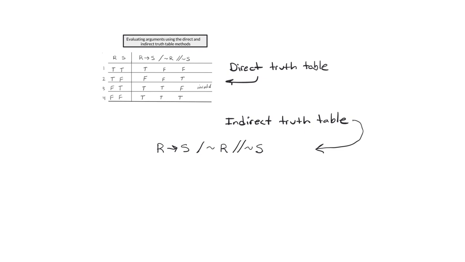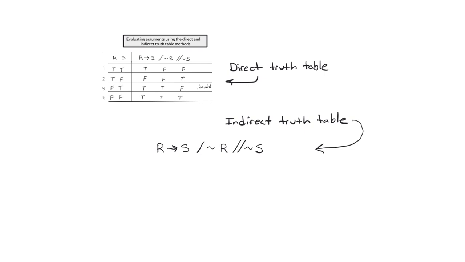And if we can consistently apply the same truth values for the letters, assuming it's invalid, then the argument is invalid. Since this is the same argument, we should come up with the same evaluation of it. In other words, if we start by assuming that the argument is invalid and we're able to consistently apply the truth values for each simple statement, that shows that our assumption of invalidity is correct and the argument is invalid.